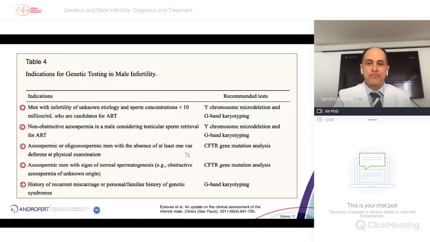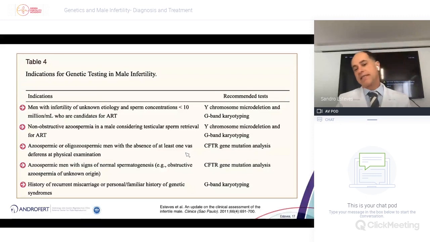Then you need to ask for this CFTR gene mutation test, the same if the patient has complete azoospermia, and on physical examination you feel that the testicle is normal, the FSH is normal, the testosterone levels are normal, and you have low semen volume and low pH. In that case, you need to suspect and confirm by physical examination the absence of the vas, and then we need to test for CFTR gene mutation.